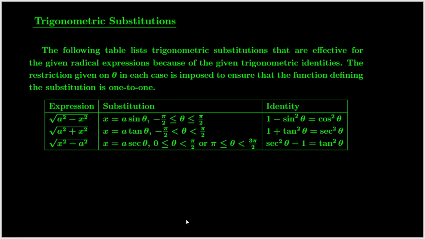Okay, so basically the trig substitutions are going to be used to handle three types of radicals. Actually, all of them are square roots. One is if in the integrand you have a radical in the form of a squared minus x squared.